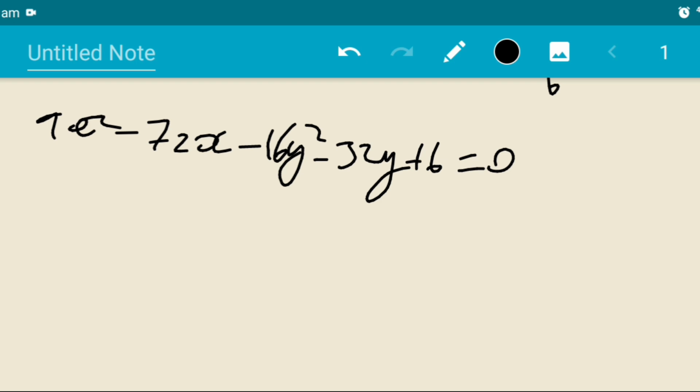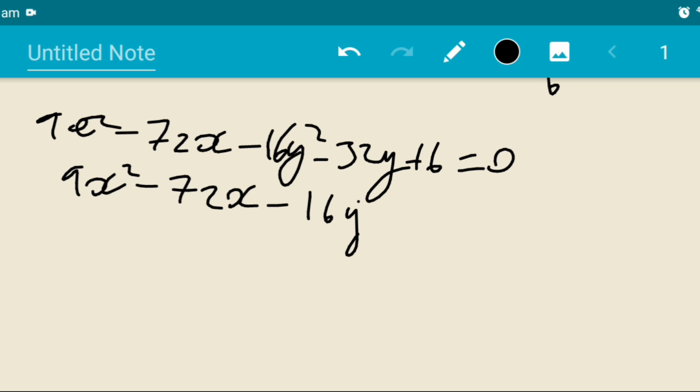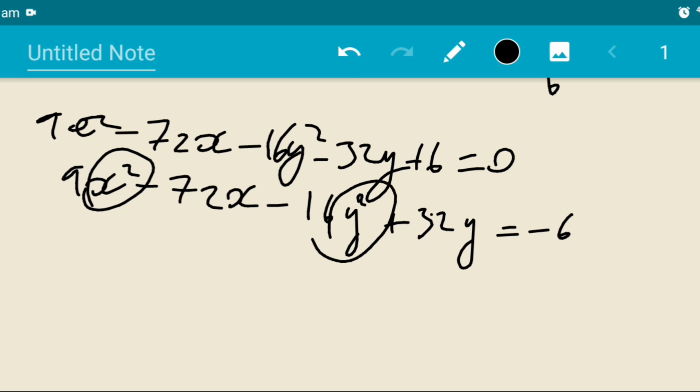So we first group the like terms together, which is the case already. So this here is 9x squared minus 72x minus 16y squared plus 32y equal to, this 16 goes to the other side, so it's going to be negative 16. As you may see, this has a square and so does this. Then in front of this one right here, we've got a negative.